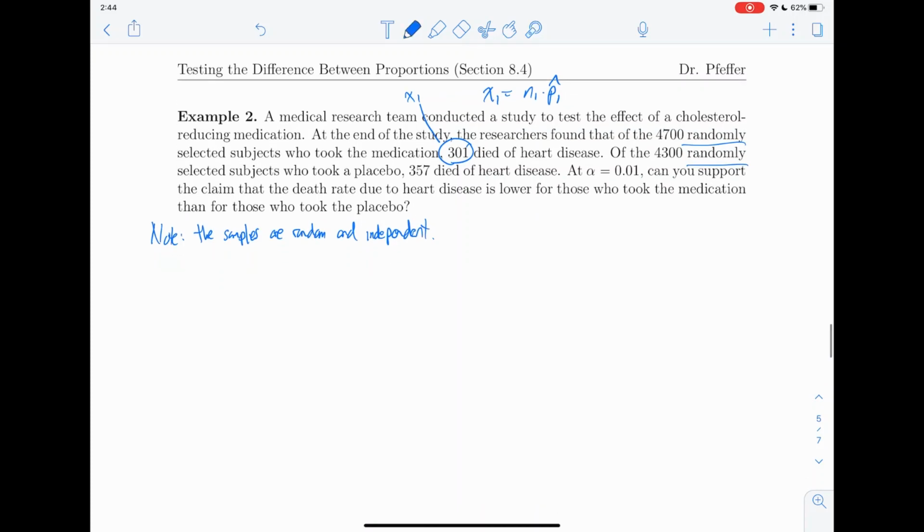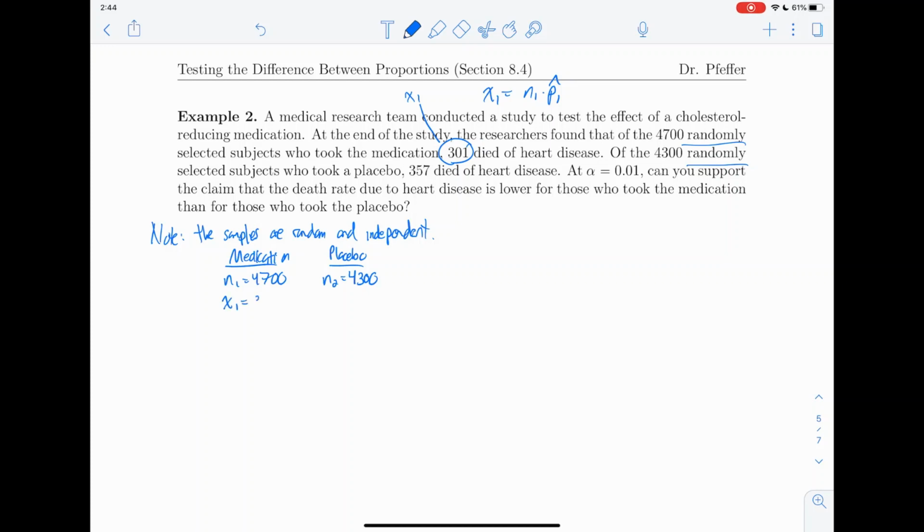Nonetheless, we're still going to put this all into a table. We're going to have the people who took the medication and the people who took the placebo. The people who took the medication, how many took it? 4,700. Well, that's how many we sampled who had taken it. And the placebo, we sampled 4,300 people, where here the information provided to us actually gave us X values.